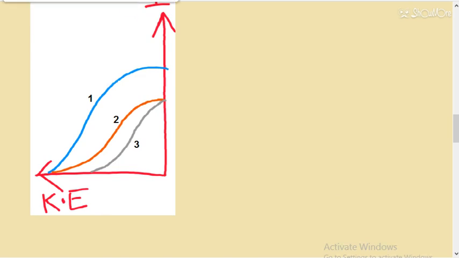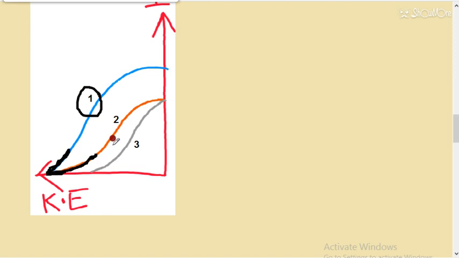You can see here the kinetic energy. Okay, marker. Kinetic energy for this case is maximum, but the kinetic energy for the second radiation is also the same. So kinetic energy is common for the two cases.